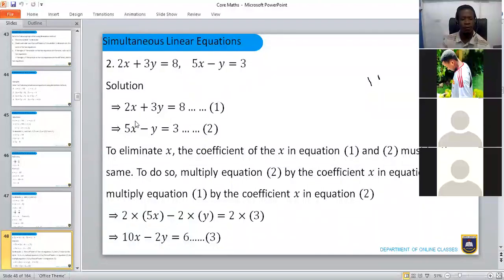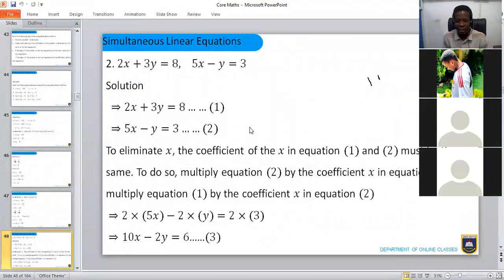For example 2, we have 2 equations, but this is quite complex compared to the previous one. So we're going to look at the technique that we can use to make the coefficients the same. In this case, they are never the same.